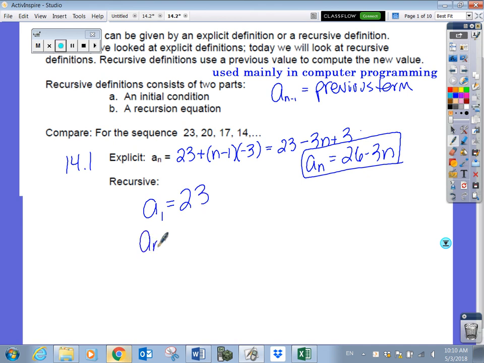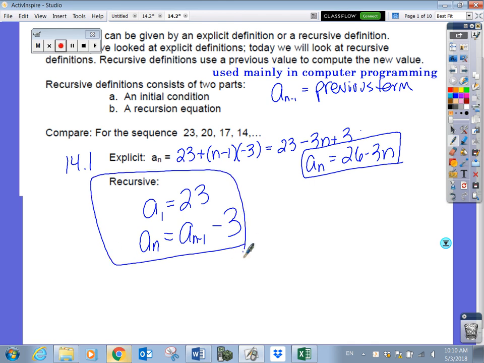Our recursion equation would be a sub n, and we're always going to use the previous term, which is a sub n minus 1, and then what are we doing to the previous term to get to the next? What are we doing to 23 to get to 20, 20 to get to 17, 17 to get to 14? That's a pretty easy one. We are subtracting 3. So that is an example of a recursive equation.